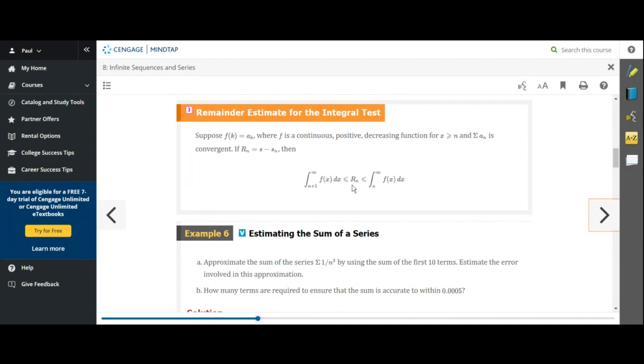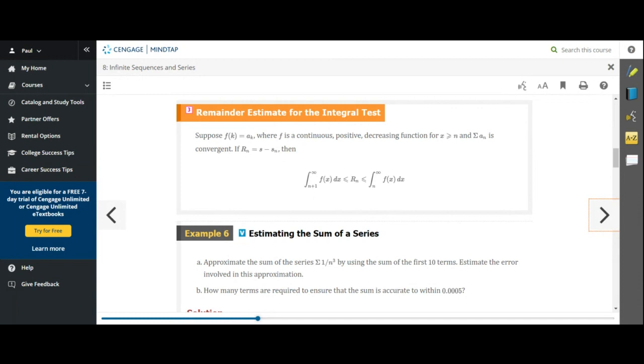So the remainder, R sub n, is greater than or equal to the improper integral from n plus 1 to infinity of f of x dx. It's greater than that, but less than the integral from n to infinity of f of x dx. That's called the remainder estimate.